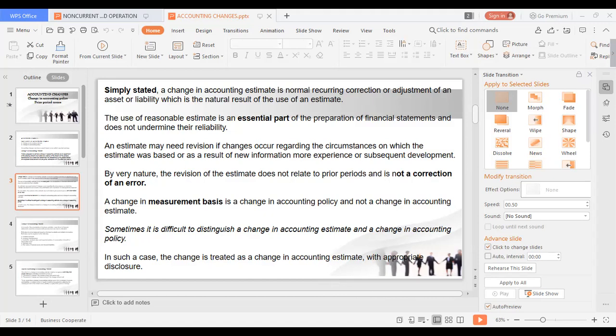The policy for 5-year assets is to use the 200% double declining balance method for the first 2 years and then switch to the straight line method. Now that is on the 3rd year.